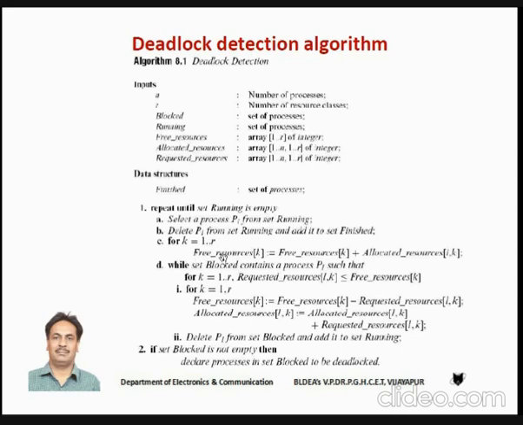Okay. Then after that, while the set blocked contains a process Pl such that, okay, we have finished process Pi, then we check again the blocked set of processes. That set we are going to check. There we find out whether any of the processes will be able to complete its execution with the available set of resources. So after completing process Pi, we have updated the free resources.